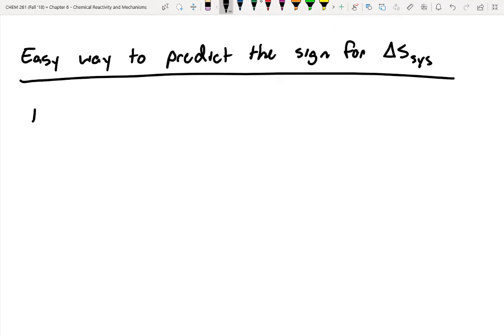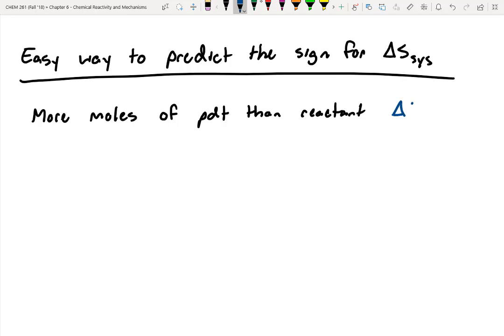More moles of product than reactant. What does that likely mean? Is delta S of the system going to be positive or negative? I'd say it's more disordered, right? We're making more moles of product, so it should be positive. So delta S of your system will be positive.